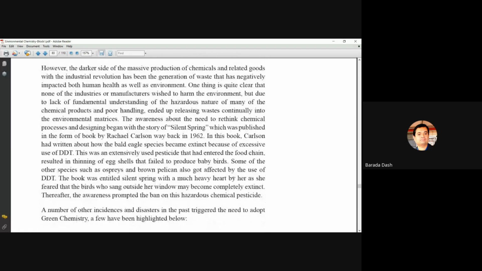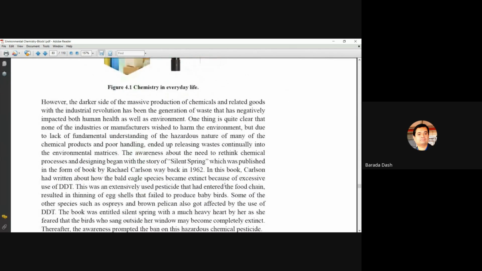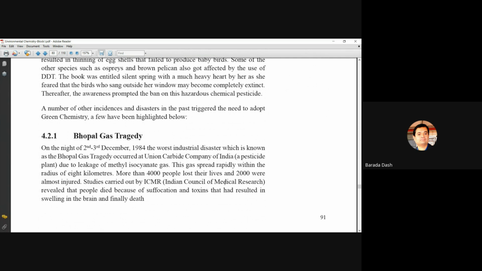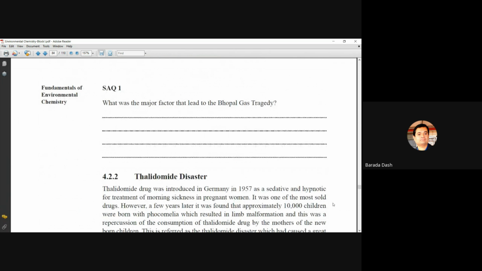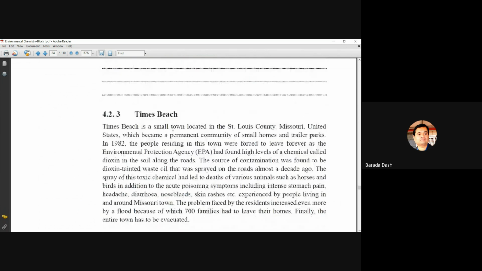Because green chemistry was not practiced, harmful chemicals like phosgene gas were the cause of the Bhopal gas tragedy. More than 30,000 to 40,000 people died because of the phosgene gas that came out. Thalidomide disaster: thalidomide is a drug that was given to people, but it has other potentially harmful effects on the body.